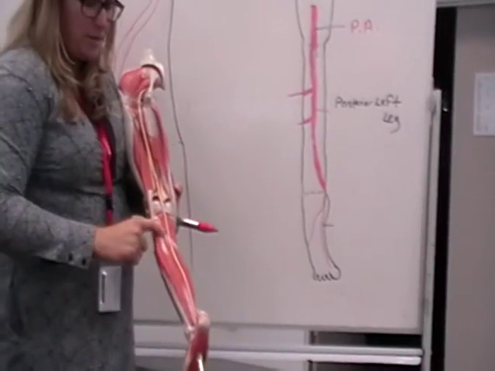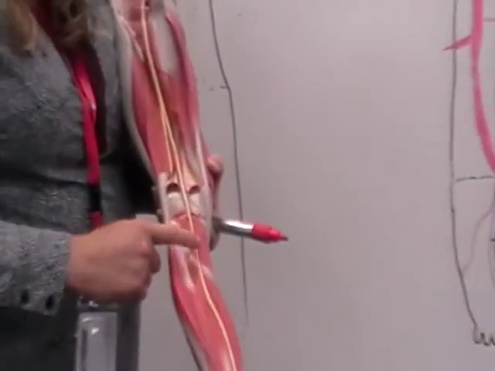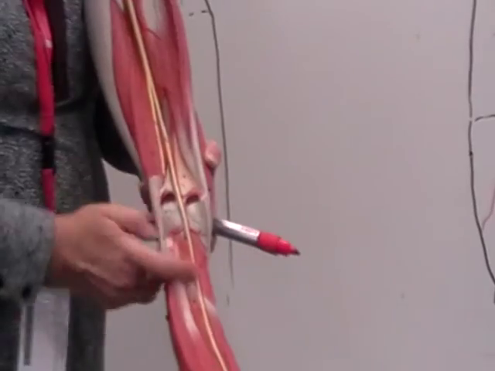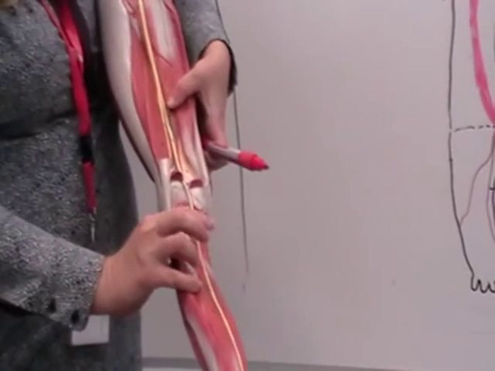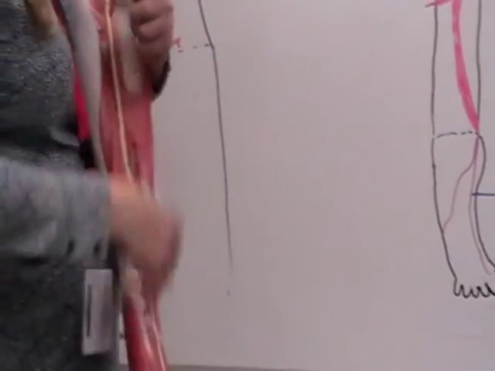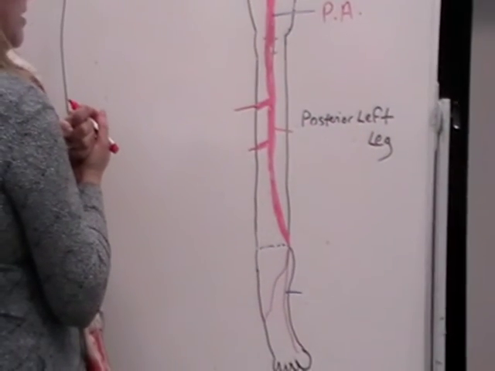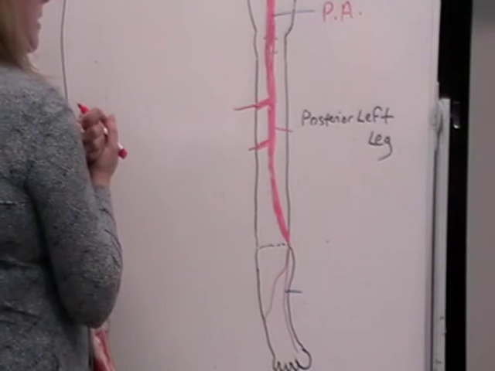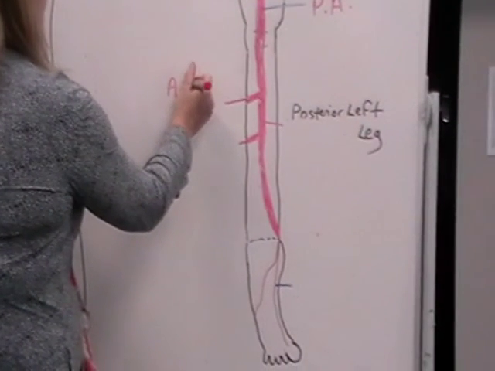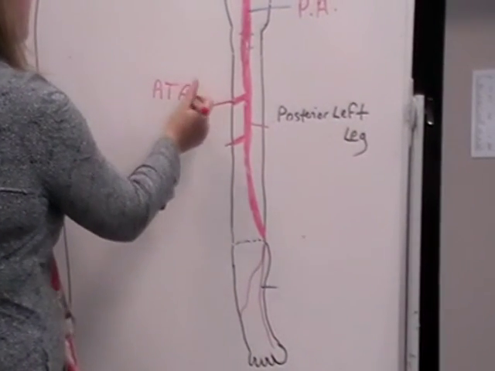Now the popliteal artery just runs down behind the knee, and then we have 2 main branches. At the first branch, it stops being the popliteal artery. So the popliteal artery is only from the adductor hiatus to this first branch. This first branch is called what? Yep, anterior tibial artery.